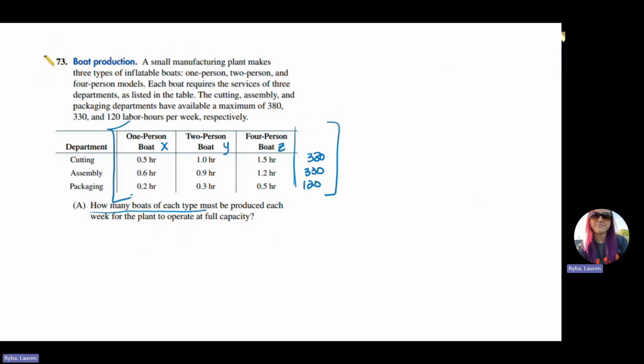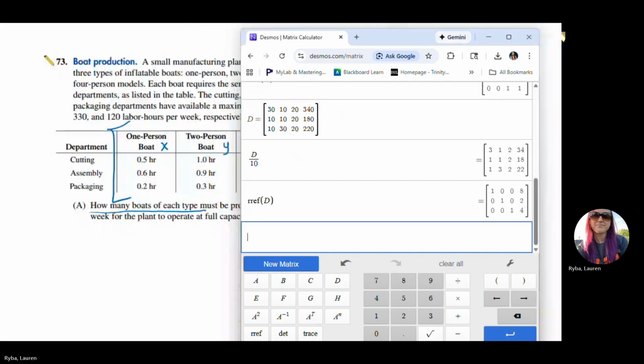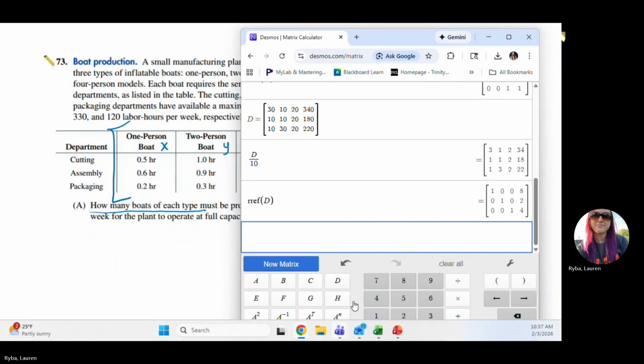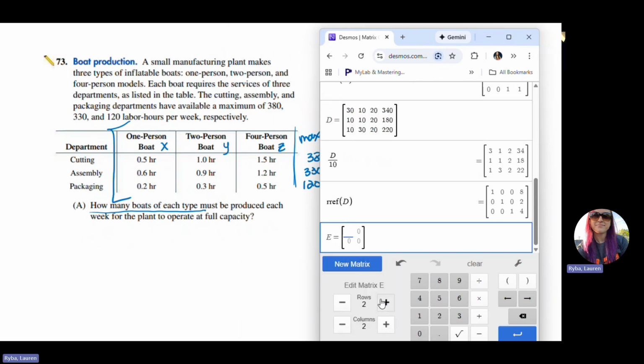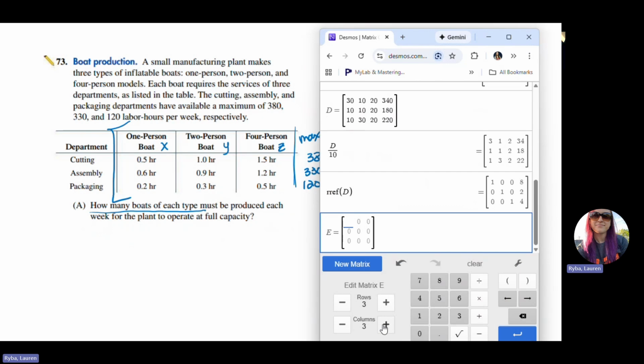So from that information, I can go straight to my matrix. Here's my cursor. All right, so new matrix, again, that's a 3 by 4.